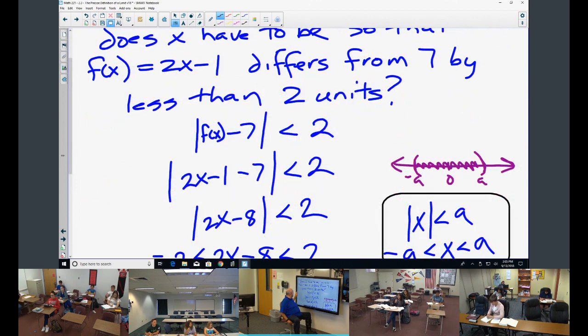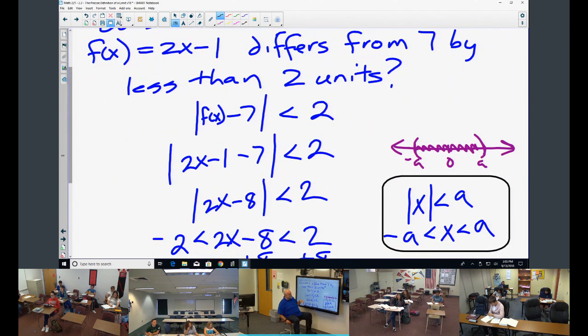And to solve an absolute value inequality, just in case you forgot, if you have the absolute value of x is less than a, then you write that as a compound inequality: negative a is less than x is less than a. The stuff that's in the box, you might want to put that in your notes if you forgot how to solve absolute value inequalities, because it becomes an interval on your number line, which is exactly what we want.